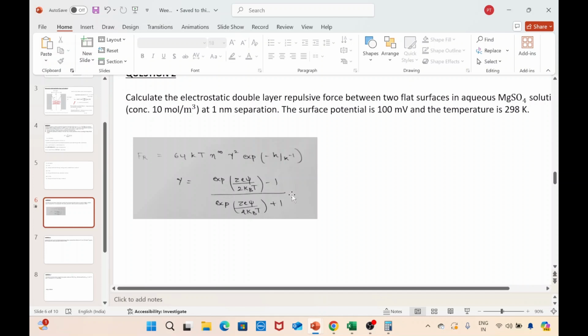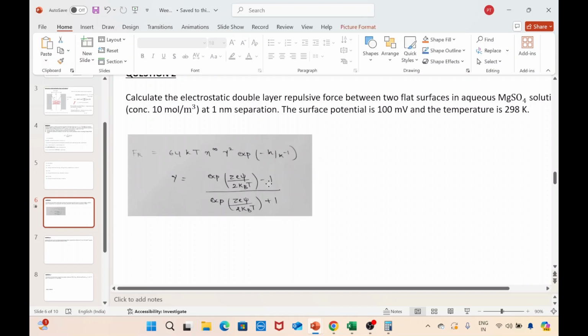So once you know this Boltzmann's factor, Ze psi by 2 kBT, you can calculate gamma, and you also need to calculate the Debye length. If you know these quantities, then this question will be easy to solve. Please solve this. Let me wait for a few minutes.